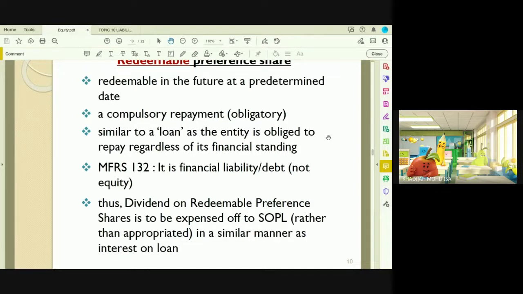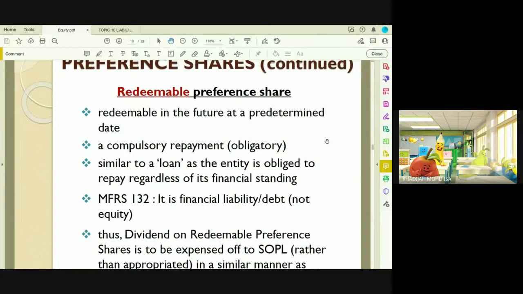Therefore, the dividend on the redeemable preference shares is to be expensed off in the profit and loss account rather than appropriated. So you'll see that it will be an expense in a similar manner as interest on a loan, because actually it is a loan, right?